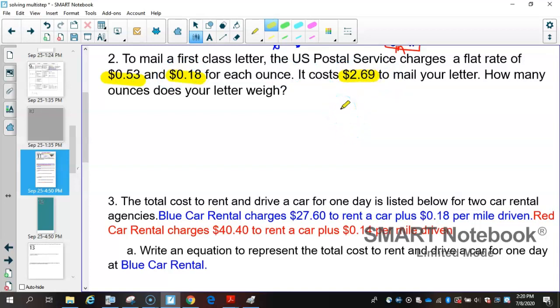But there are other things that go along with this that are also important. For each ounce, so I'm actually going to change this color. It's 18 cents for each ounce, so that's really important. And then what it's asking us, how many ounces does your letter weigh?